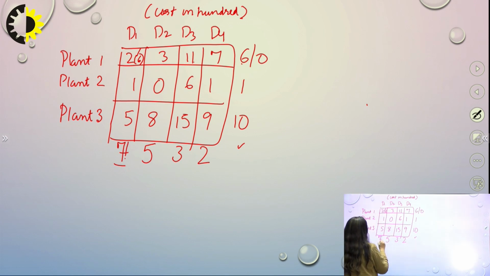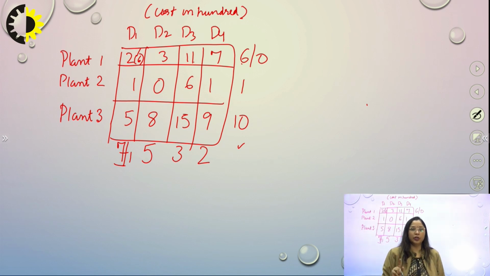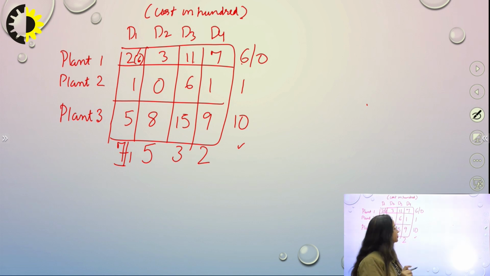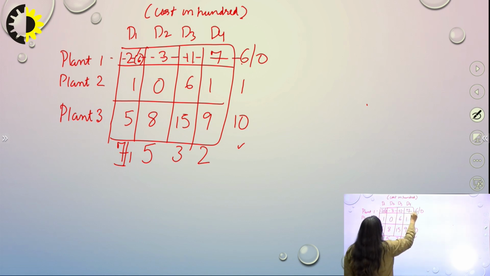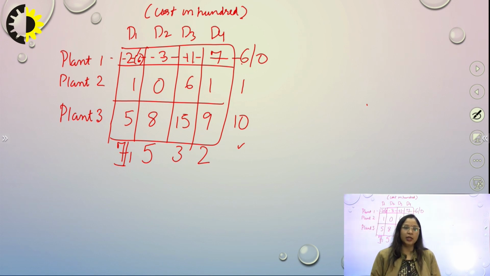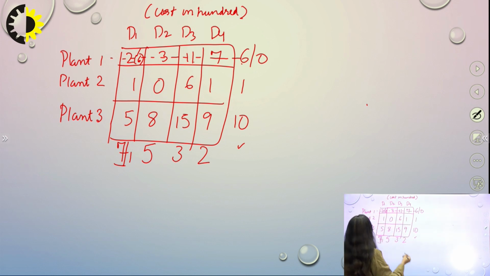So, here only 1 is left. The requirement is still not fulfilled for distribution center 1. So, we will cross out this line so that we do not get confused with any other line. Now, the second northwest corner is 1.